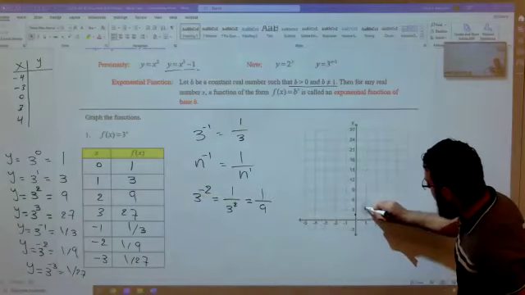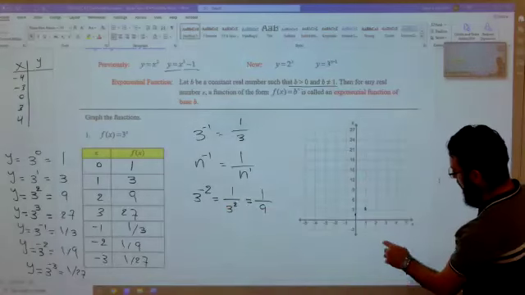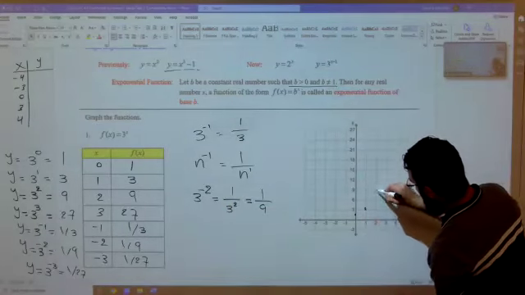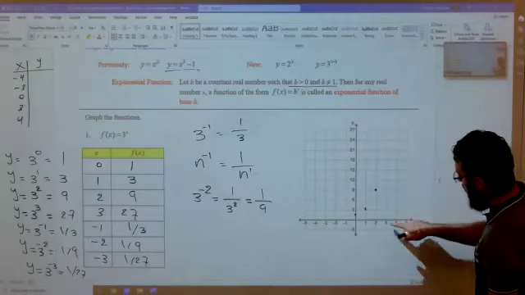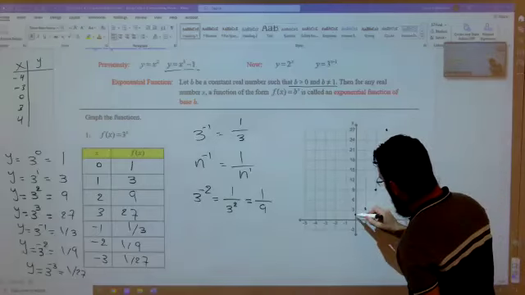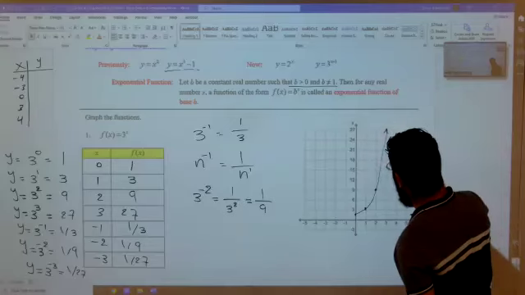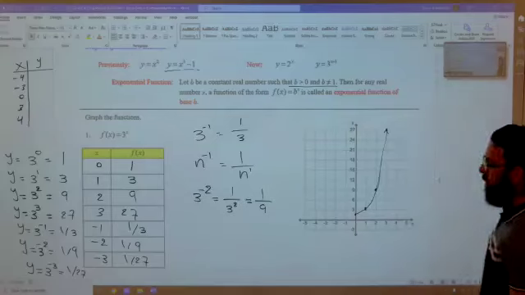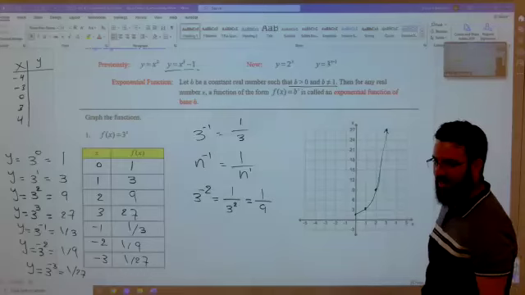Here's 1 and here's a 3. 2, 9. 2 with the 9. 3 with the 27. So 3 with the last one, 27. So you can tell the graph from this side is going up. Is that okay?